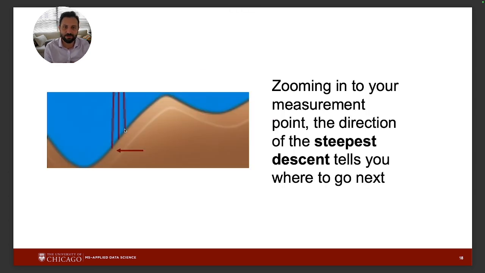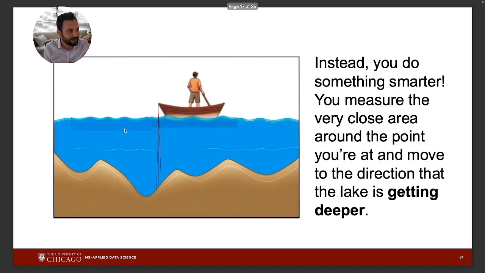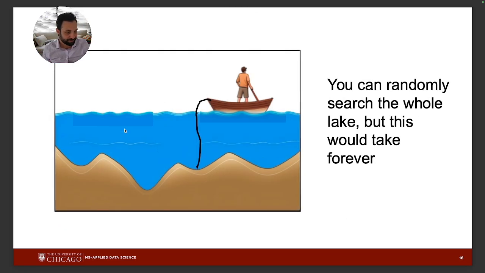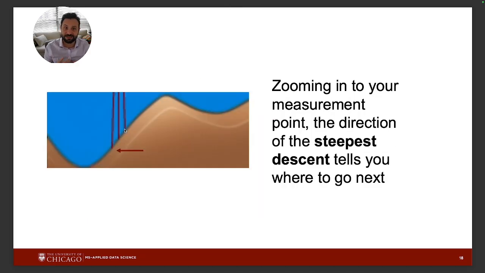So when I zoom into this part, where our fisher is using three measurements, they can understand which direction it should go. And funny enough, the direction in which the bottom of the lake goes deeper and deeper is against the direction of its slope, as you see.